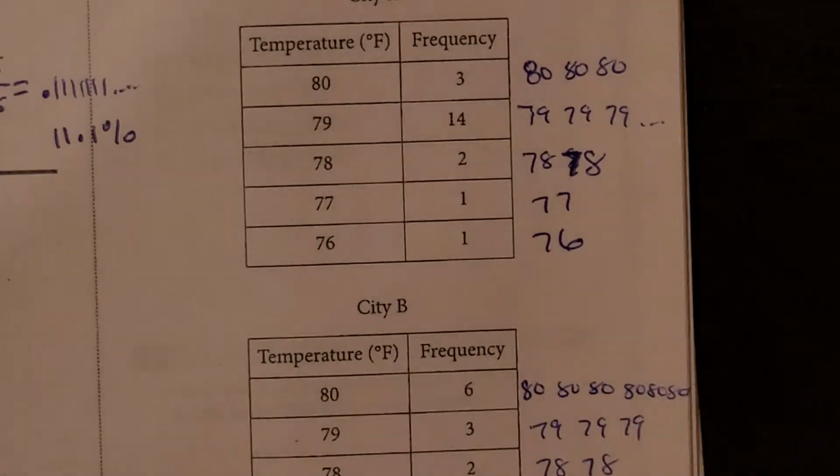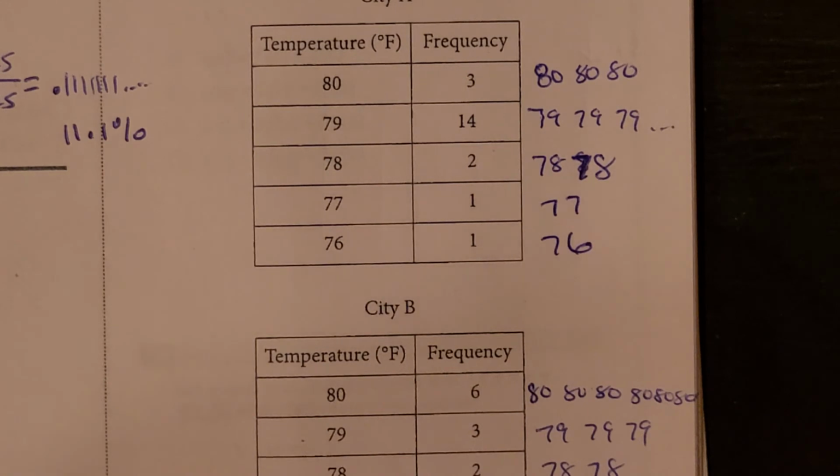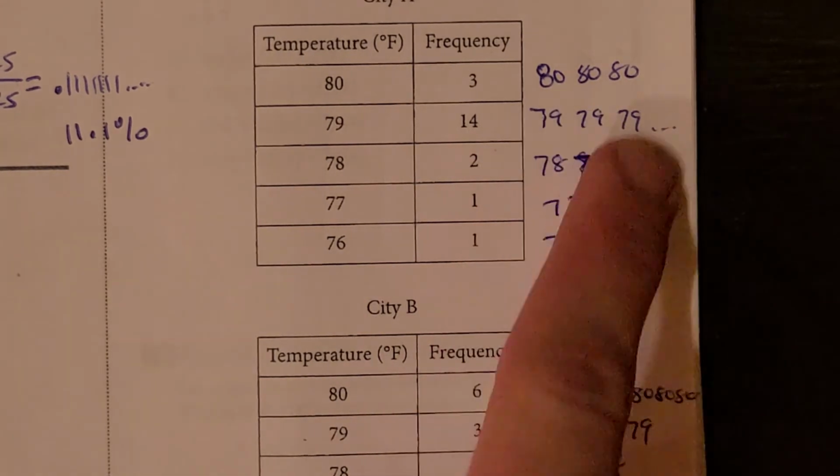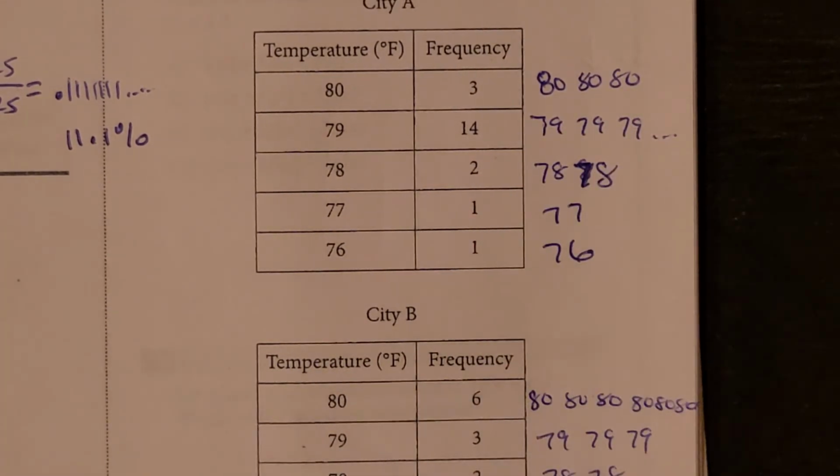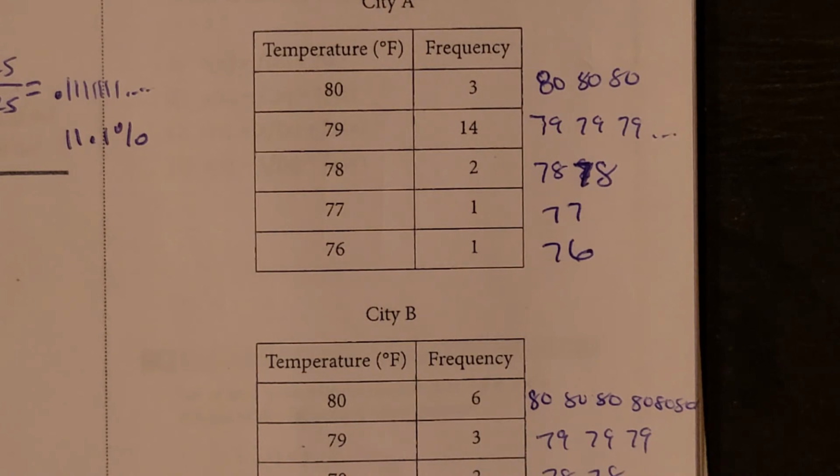Now, I am not by any means going to go through and actually find the average here. I've got a ton of numbers I'd have to add and divide. No. Some people will do that and they'll waste a bunch of time. No, instead, I'm just going to look at the spread here.